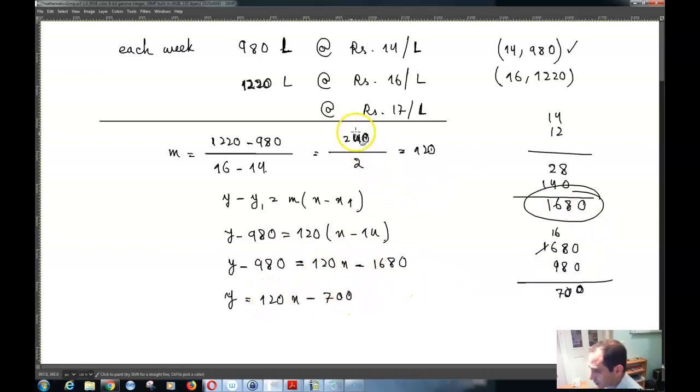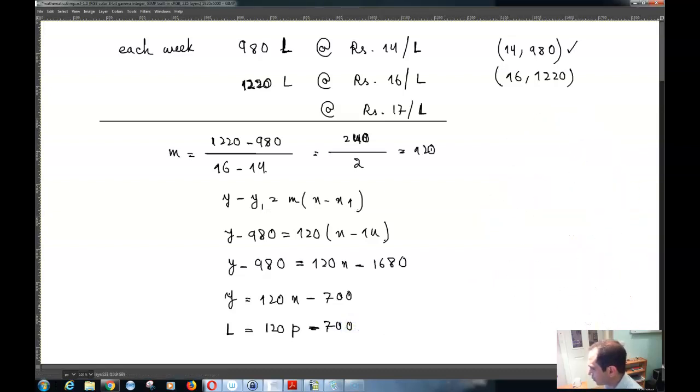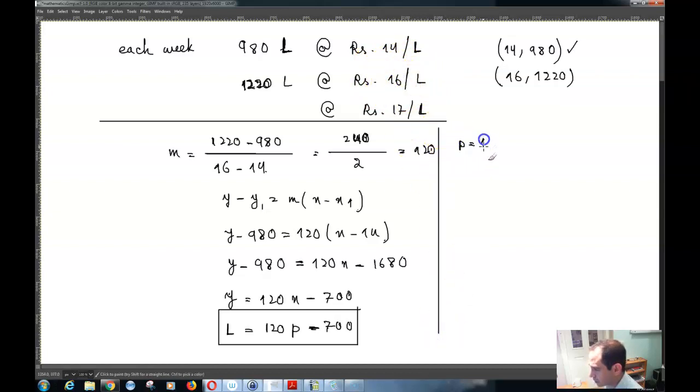And then of course you can write this as L standing for liters of milk, and you can substitute P for X, for price. L is equal to 120 P minus 700. And of course you can test this. For example, if the price is 16 rupees per liter, if P is equal to 16, then L is supposed to be 1220.